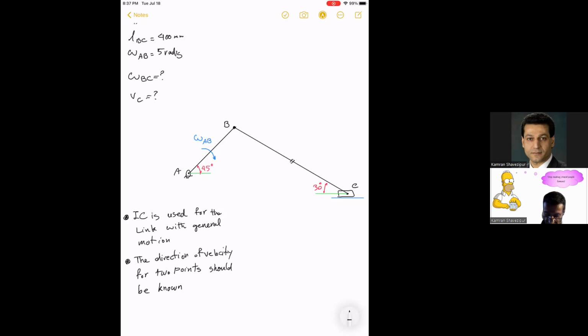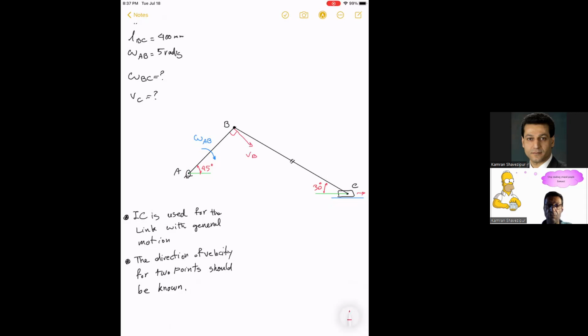Now, in this case, as you can see, slider C moves back and forth here. So the direction of velocity is going to be horizontal. And point B, which has rotation about a fixed point, is going to have a velocity perpendicular to the link AB.